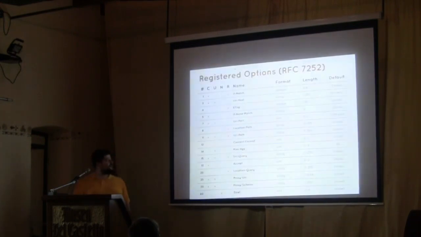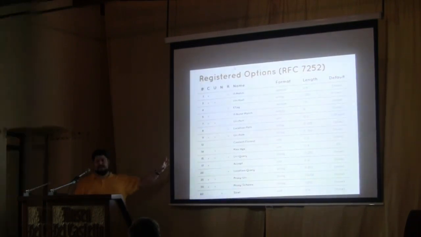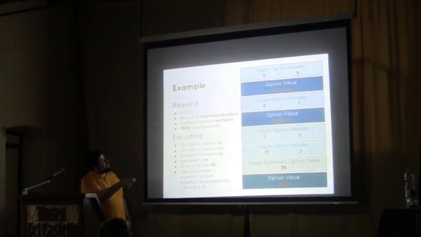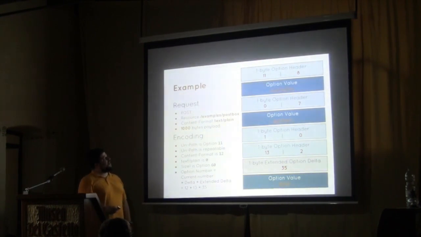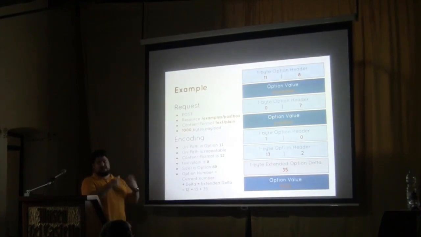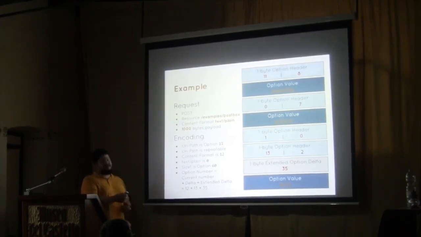And just to give you an impression, don't look at this. The first thing, you have this 1 byte option header. You have 4 bits, and we want to encode 11. That's the delta. So that 11 means we started at 0. Now we have option number 11.